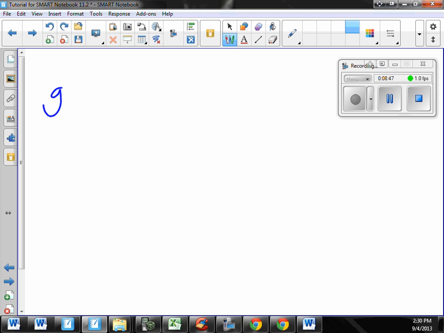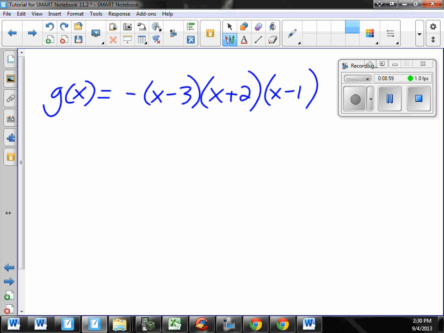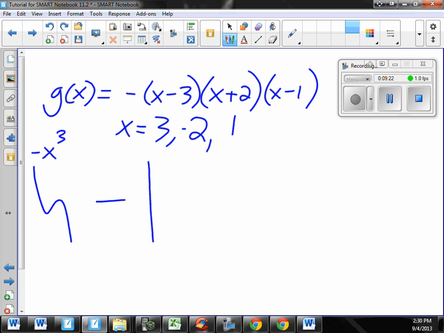Okay? G of x equals, so what are my roots? 3, negative 2, and 1. What type of graph am I looking at? A negative x to the third, so it's going to look something like that. So we have a negative 2, a 1, and a 3.